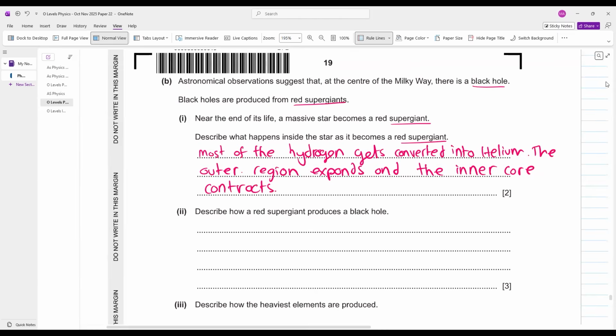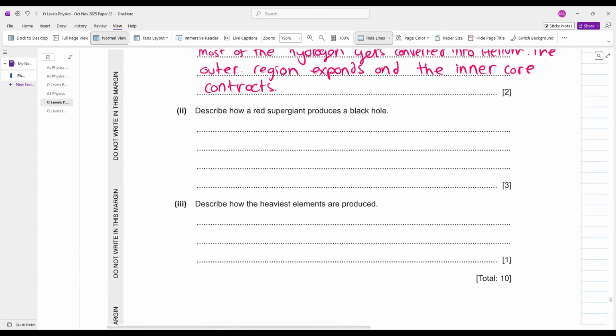Describe how a red supergiant produces a black hole. What happens? The red supergiant explodes as a supernova, producing a nebula and leaving behind a black hole.